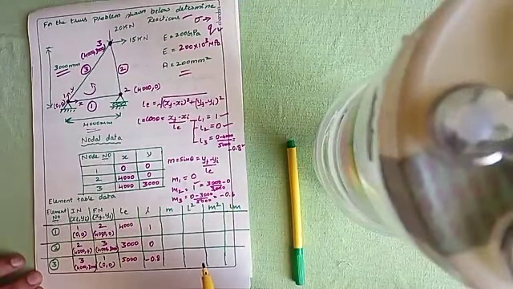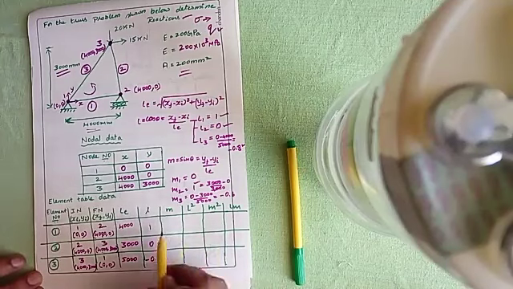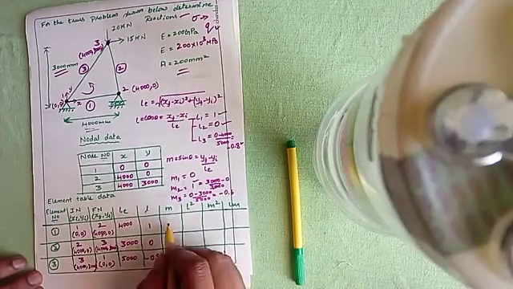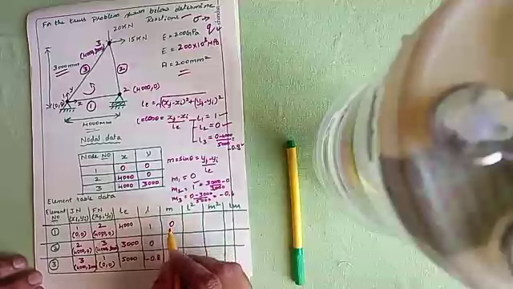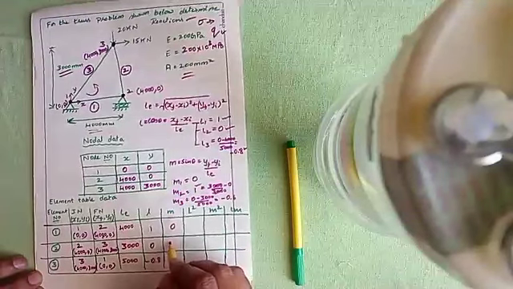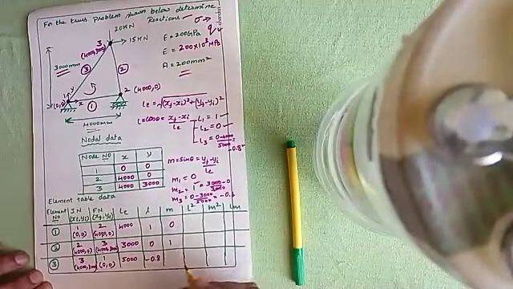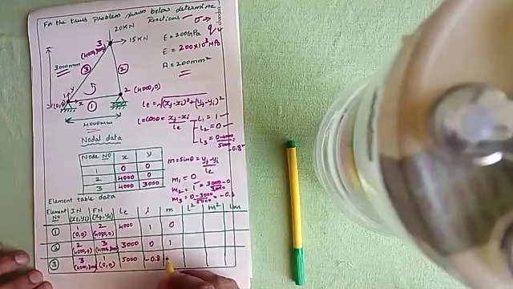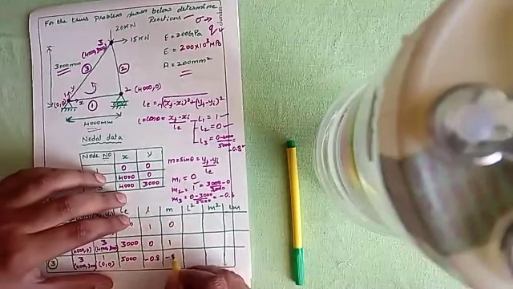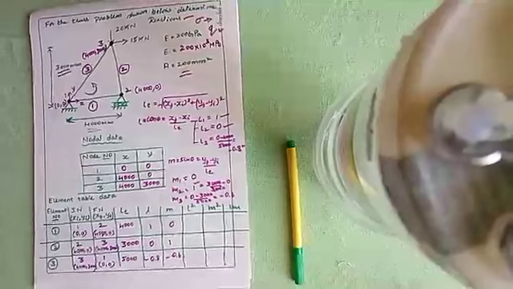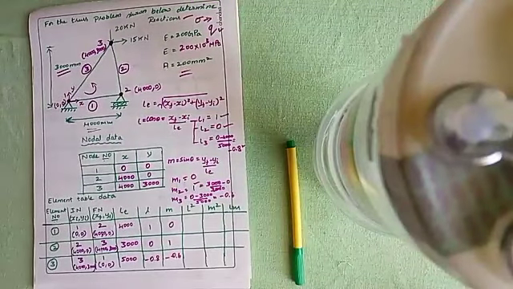Okay, minus 0.6 is your answer. Now, if you just do the simplification, m1 is 0 for element 1, the subscript 2 is for element 2, so you are going to write 1, and for your element 3 it is minus 0.6.